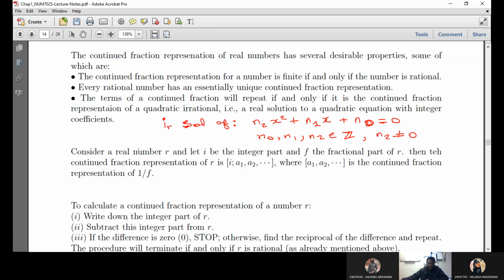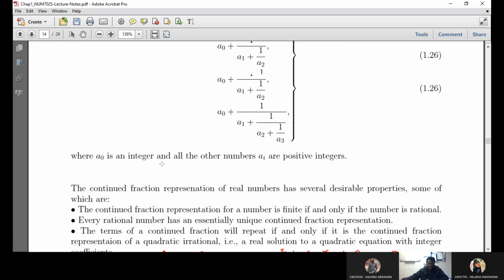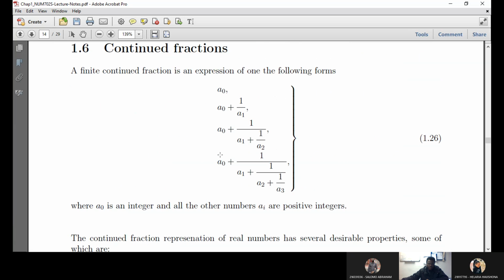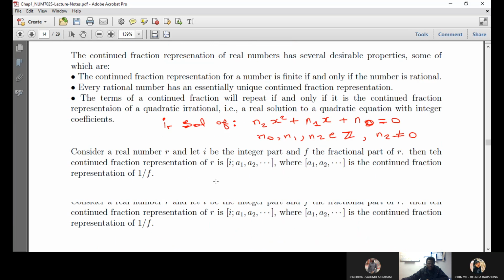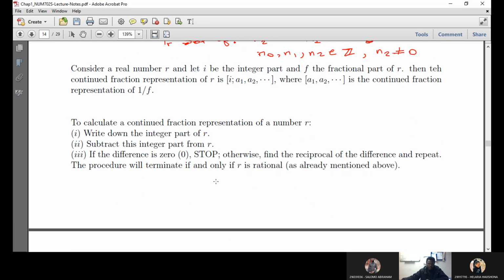Now, this is the algorithm. How do you proceed? That should be the obvious question. How do I write the continuous fraction representation of a real number? This is the algorithm.